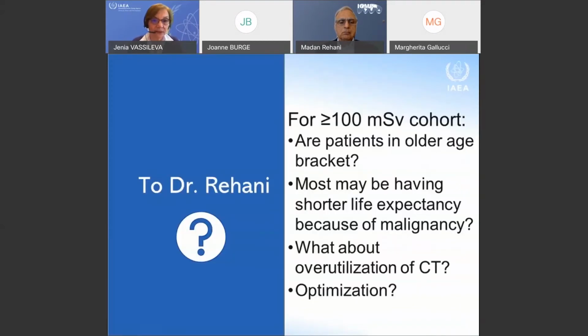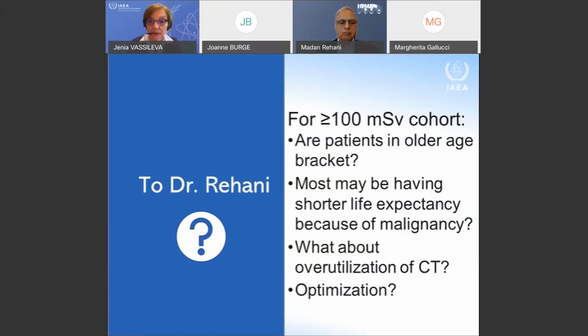So back to you, Madan, asking maybe, because of course we know that mostly oncology patients undergo recurrent exams, but are they only oncology patients, and what age are these patients? Are they in an older age bracket only, or are they younger also?